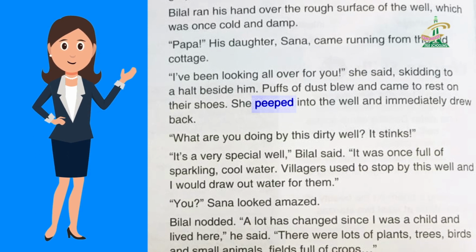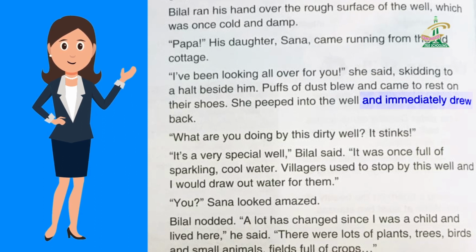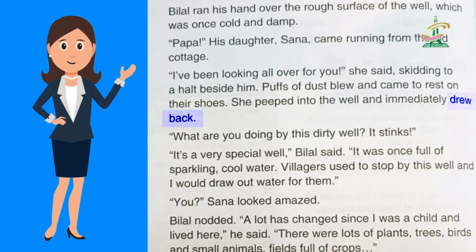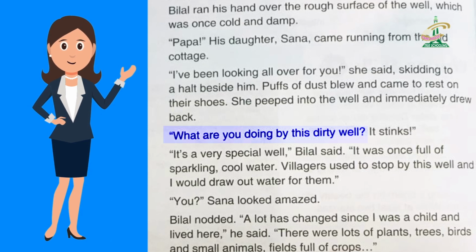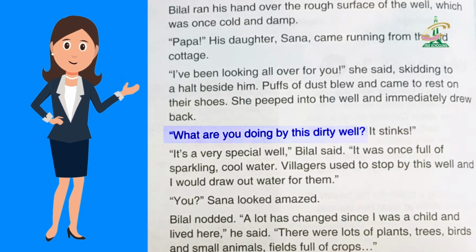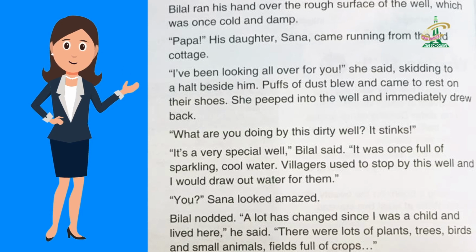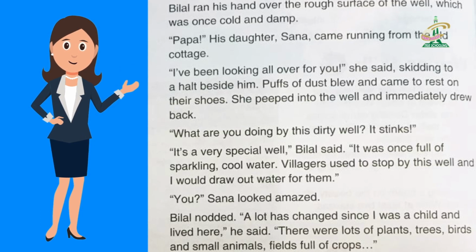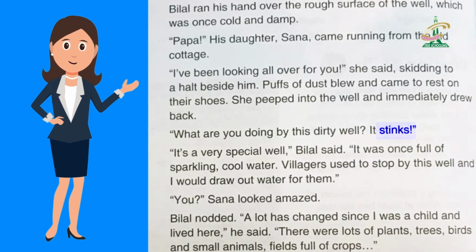So Sana looked inside the well and immediately, abruptly drew back. Drew back means she moved back. What are you doing by this dirty well? It stinks. Sana asked her father what he was doing by that dirty well. It stinks. Stink means something that smells bad.